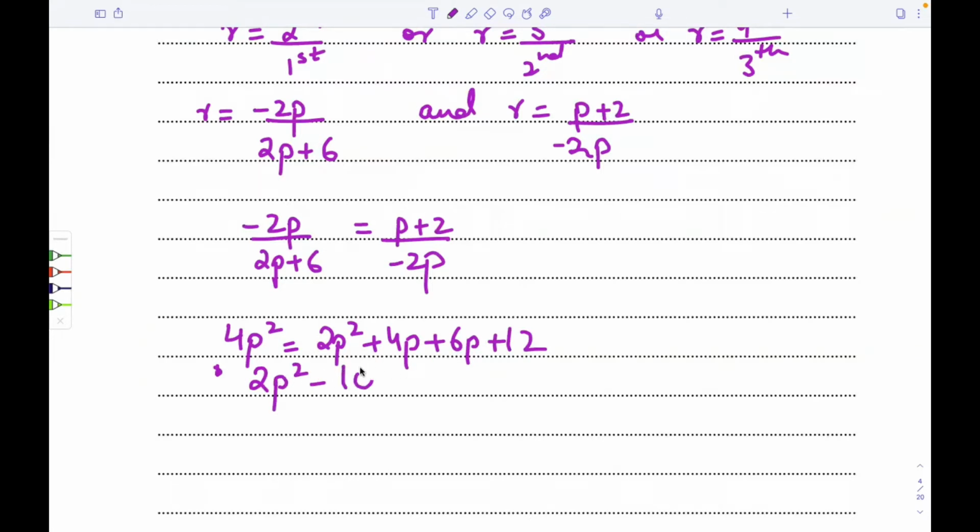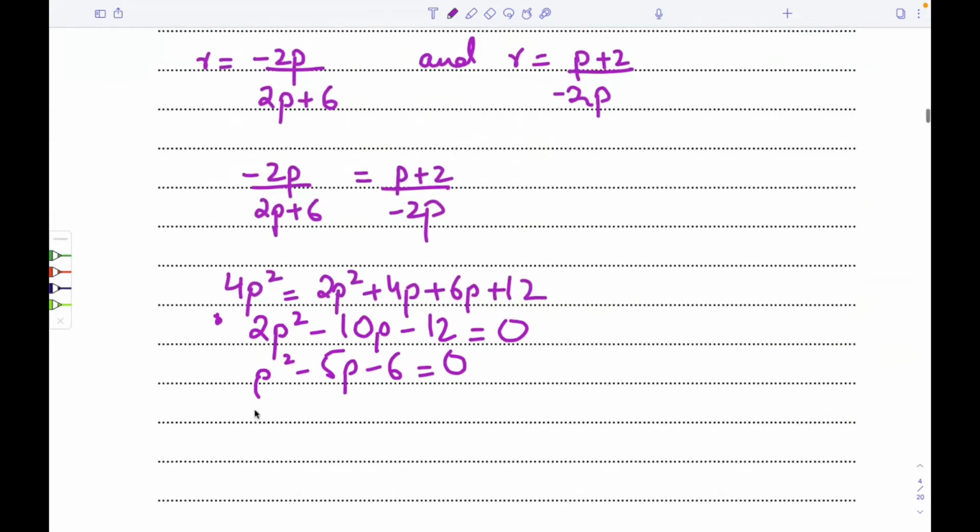So this becomes 2p squared − 10p − 12 = 0. We can write it as p squared − 5p − 6 = 0. Factorizing it, we get (p − 6)(p + 1) = 0. So the two values of p are p = 6 and p = −1.